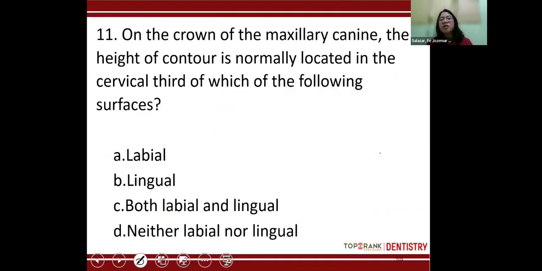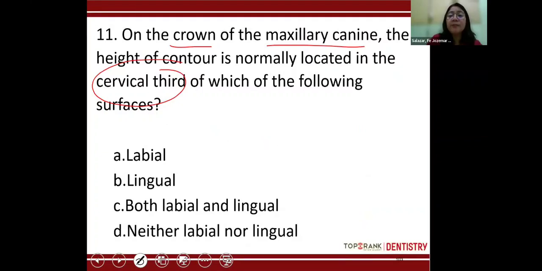Well, let's answer question number 11. On the crown of the maxillary canine, the height of contour is normally located in the cervical third of which of the following surfaces? Anong answer niyo dyan?